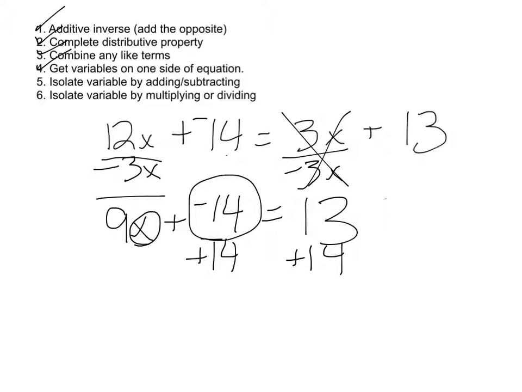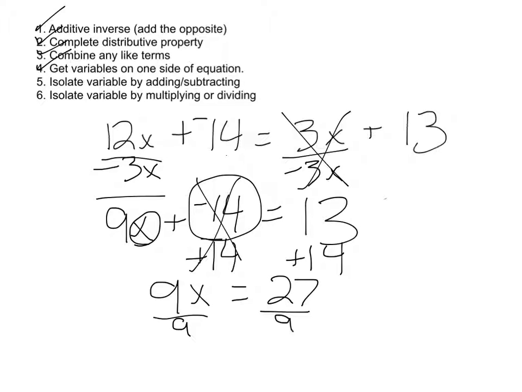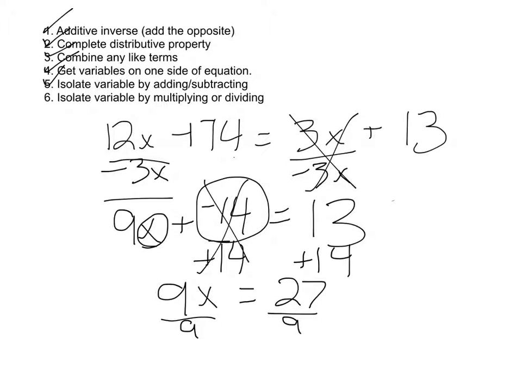So we are left with 9x equals 27. 13 plus 14, 27. Our last step is to isolate the variable by multiplying or dividing. We're going to divide by 9. Canceled out. X equals 3.